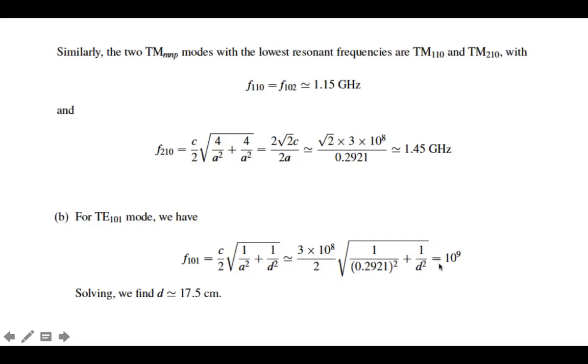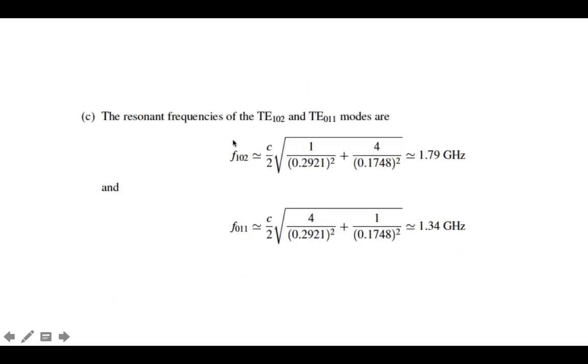So if we set that equal to 10 to the ninth and solve for D, we end up with 17.5 centimeters. Finally, using a D of 17.5 centimeters, the resonant frequencies for TE102 and TE011 are 1.79 and 1.34 gigahertz respectively.